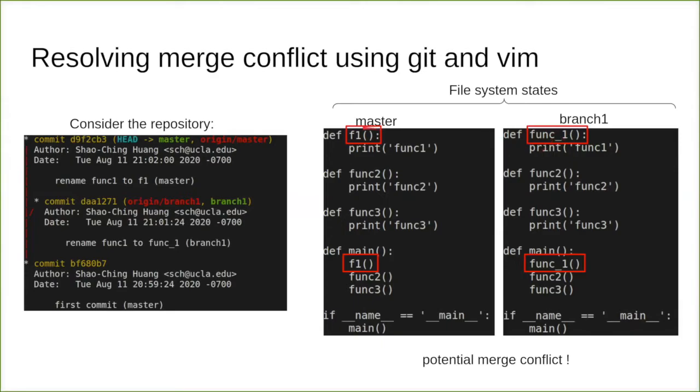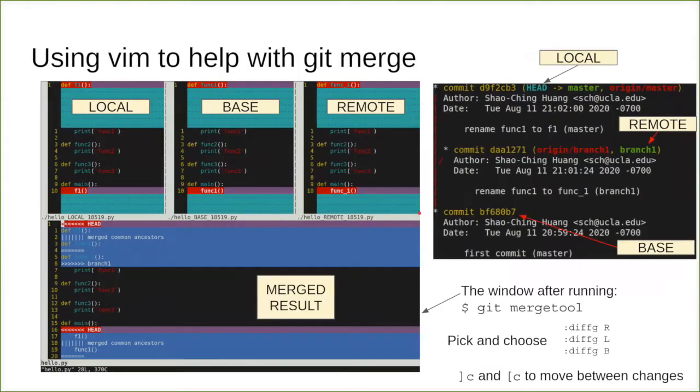When you try to merge this code together, Git can see that the rest is all the same, so it can be merged, but Git cannot determine whether you want to use F1 or function 1. So when you merge, there is a merge conflict, and that needs to be resolved by humans. You can do the human resolution in a brute-force way, but with the help of Vim it's actually quite simple, and I want to show you that.